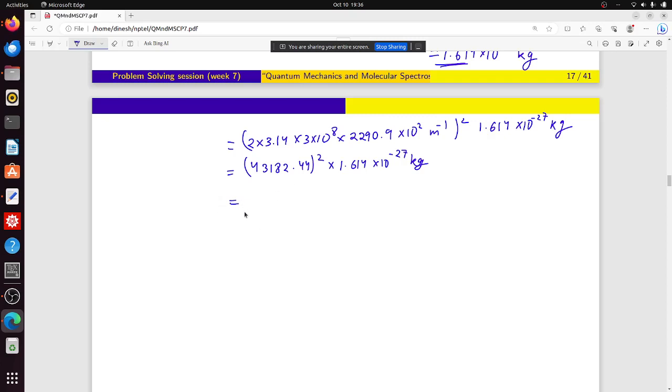Okay, so this will give me 3 times 10 to the power 29 times 10 to the power minus 27 Newton meter inverse. This is 300 Newton meter inverse.